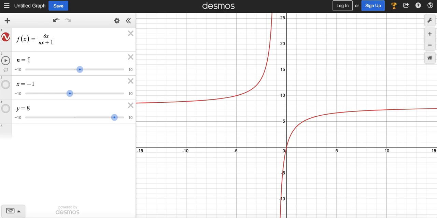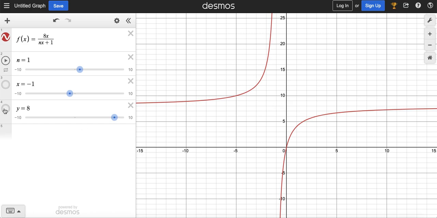So when n is equal to 1, to find the horizontal asymptote, we want to look at what horizontal line my graph approaches as we go further and further to the right or further and further to the left. You might notice my graph seems to approach the line y is equal to 8.